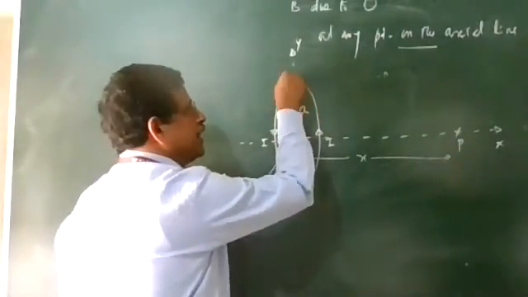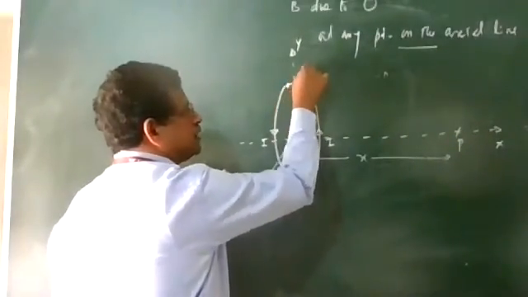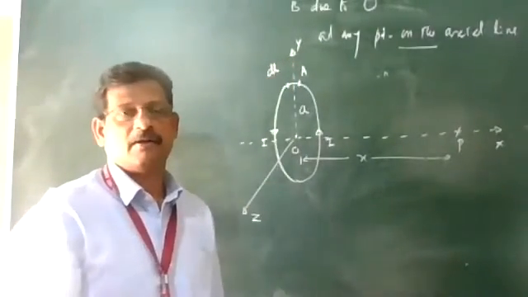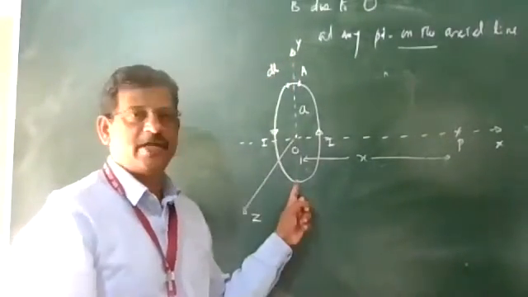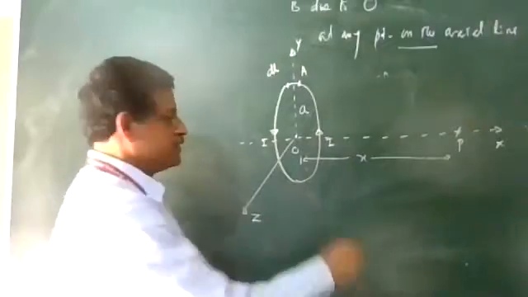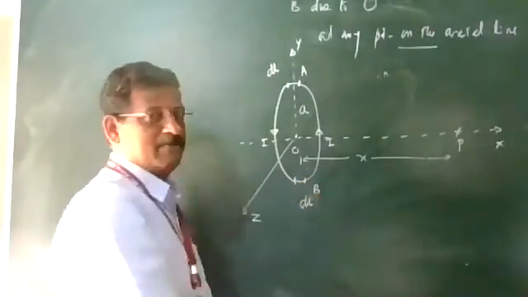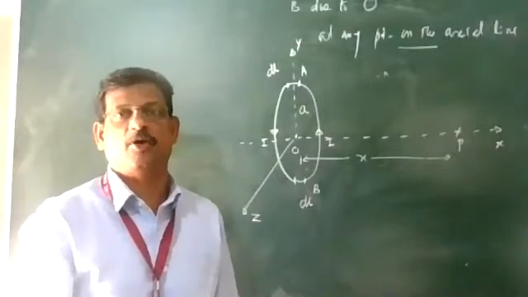So I am going to take one element here at the point A of length dl, and diametrically opposite, below, the same length of element I am taking as B.